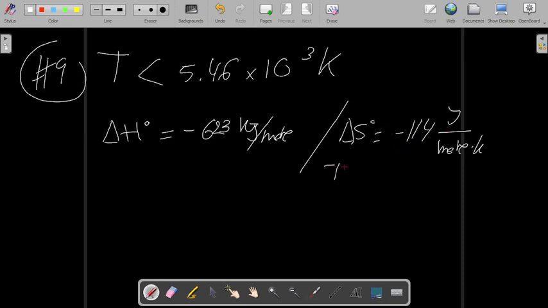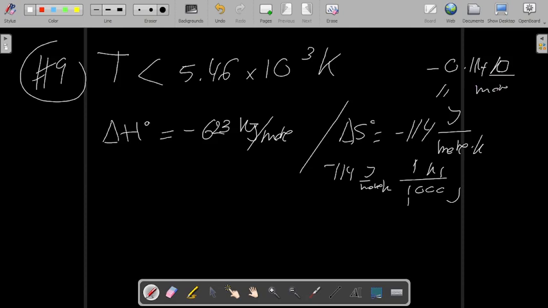So minus 114 joules per mole Kelvin. 1,000 of them is 1 kilojoule. So this right here is the same as minus 0.114 kilojoules per mole per Kelvin.